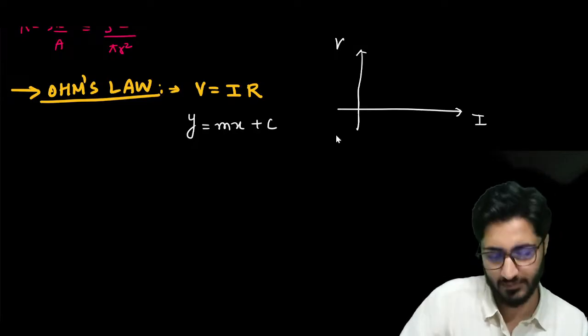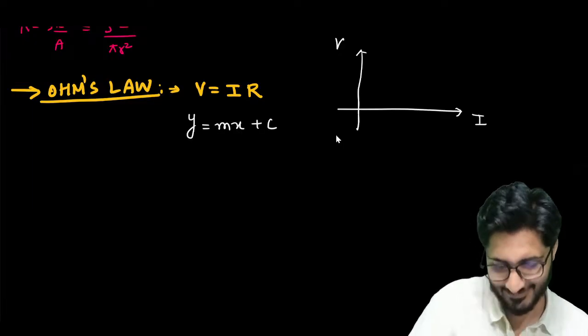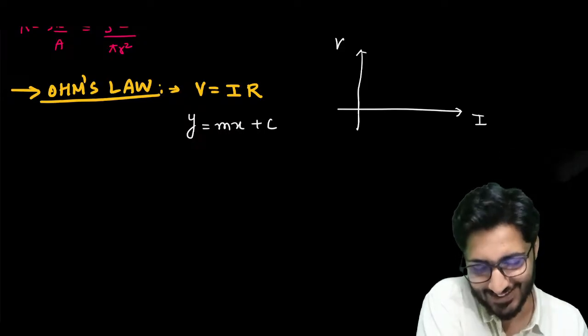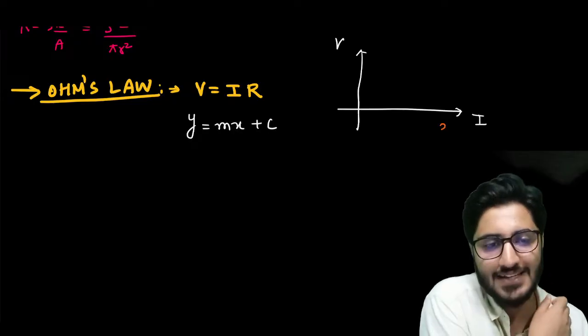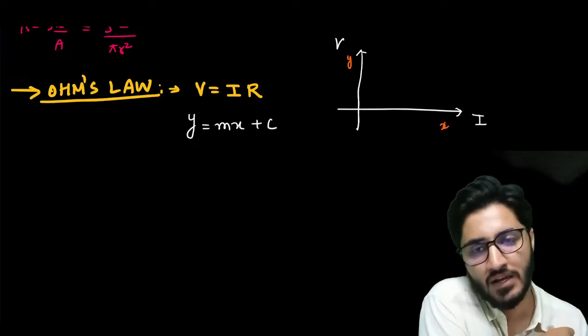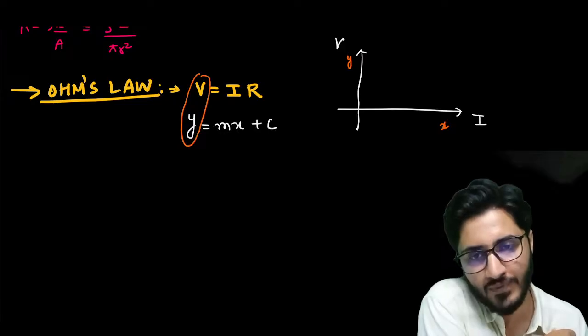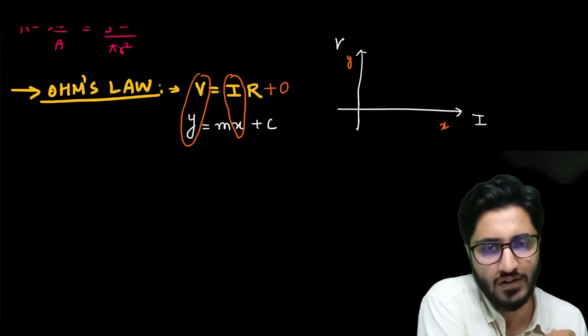Okay, look here. Now you can see this one is the x-axis, this one is the y-axis. So we have V on the y-axis, correct. We have I on the x-axis, correct. Now I can write 0 here as well, no issue.